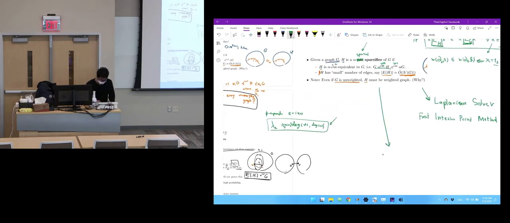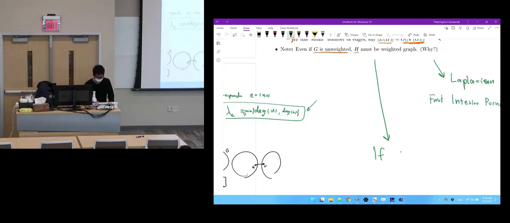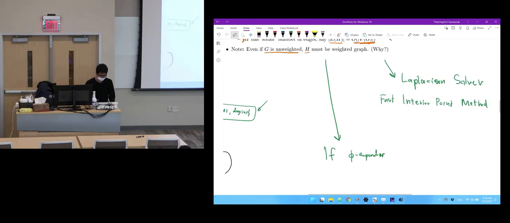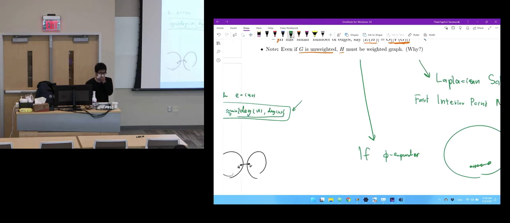If your graph is an expander again, then if you just take each edge and sample it with probability proportional to this, then you get a spectral sparsifier.